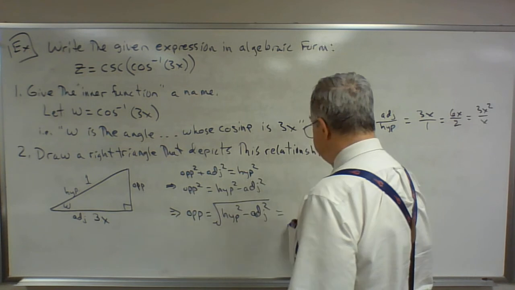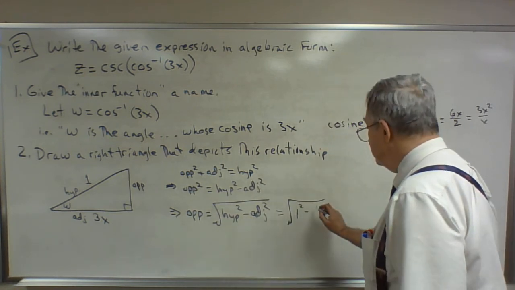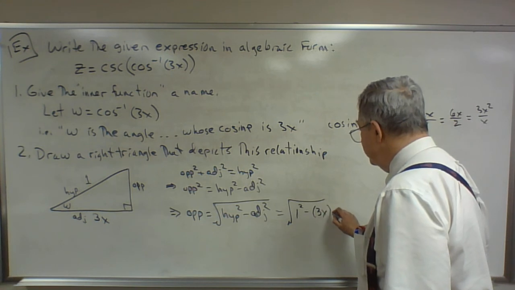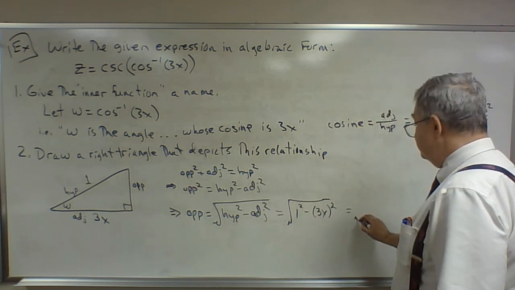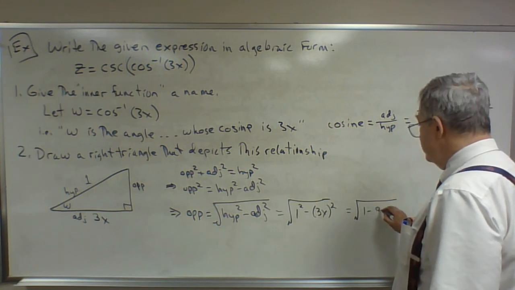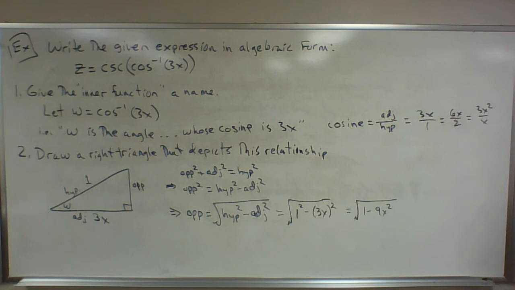That is the square root of 1 squared minus (3x) squared, and that's the square root of 1 minus 9x squared. Okay, we got our opposite.